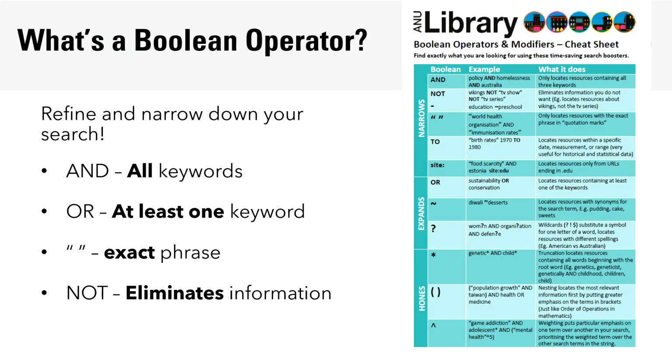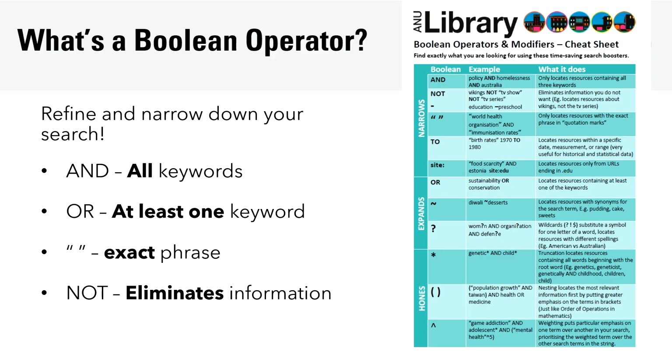Now that we've covered filtering down your results through tools built into databases and online catalogs, the last search tip I want to highlight is using what's called Boolean operators. Even if you've never heard of one of these before, chances are you've already been using them, even if you didn't know it.